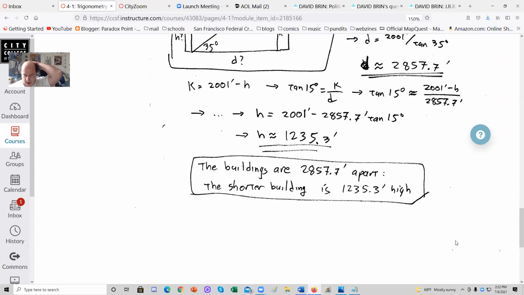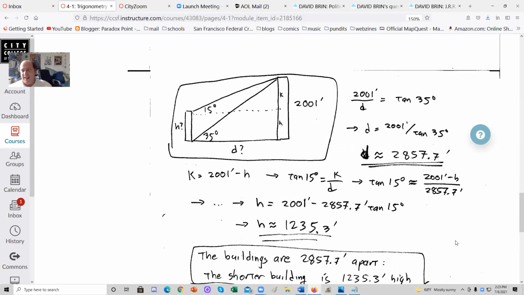Here's one which requires some cleverness. Here are two buildings, this one here and this one here. This taller building is 2,001 feet high. From here, when you go to the base of the other building, it has what's called an angle of elevation, 35 degrees. You have to crane your neck up by a 35-degree angle to see the top of the taller building.